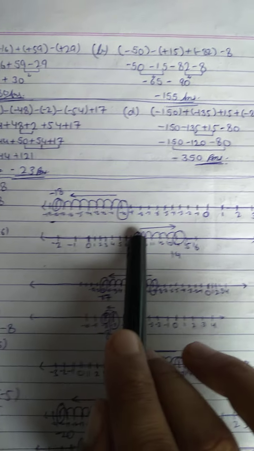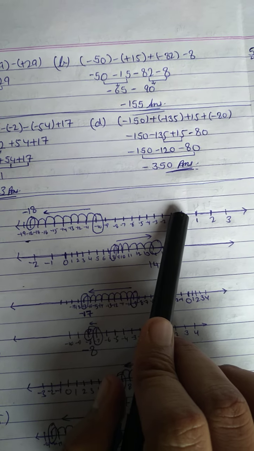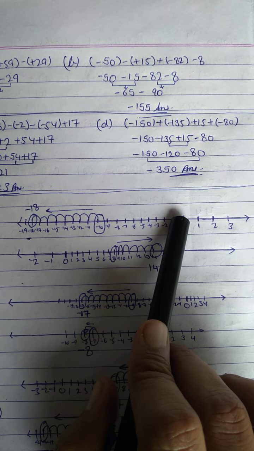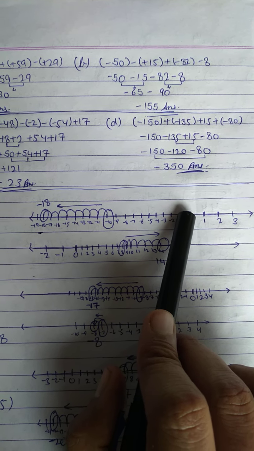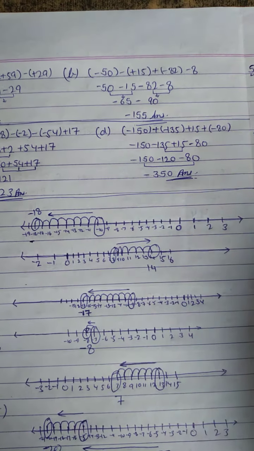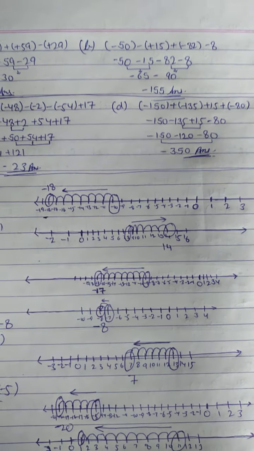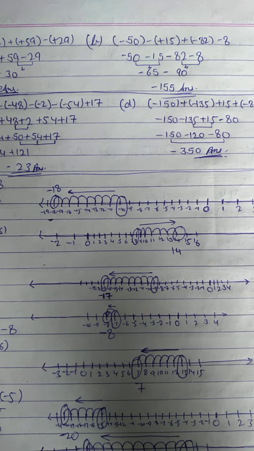So I solve this sum on the number line. We place 0 in the center, but when we solve the sums there is no need to place a 0 in the center, because the number line is so big and we draw only the integers that we require in our answers.